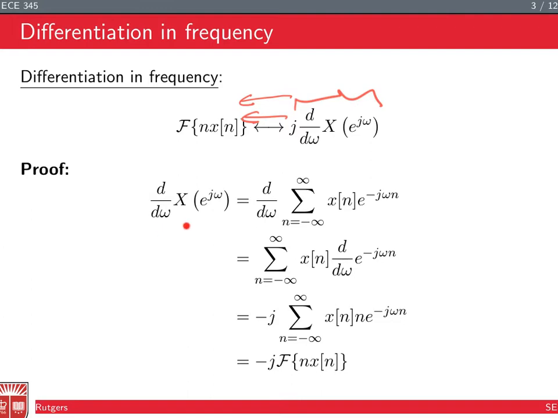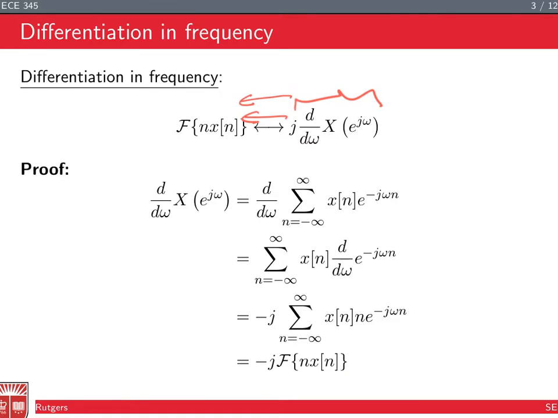If you take the derivative of X(e^{jω}) with respect to ω, the derivative of the sum is the sum of the derivatives, and the derivative of e^{-jωn}, again with respect to ω, is going to be equal to -jn e^{-jωn}. So you have here -j and n e^{-jωn}, and this is equal to -j times the DTFT of n x[n].